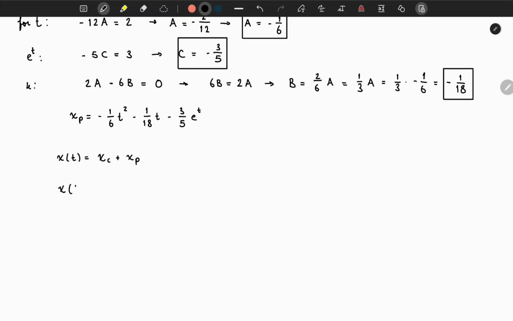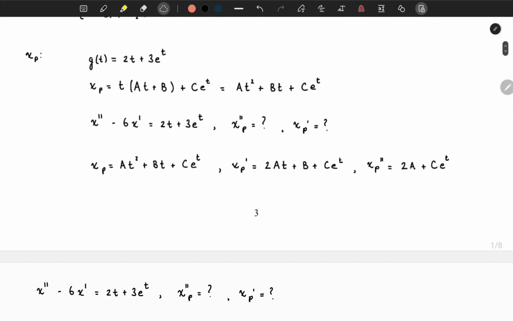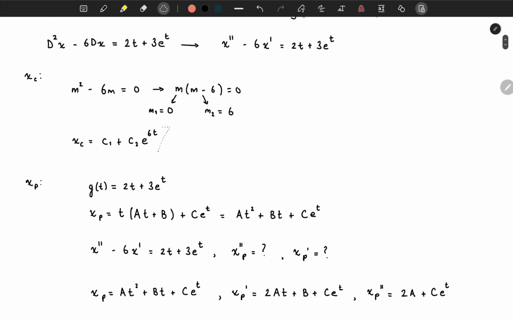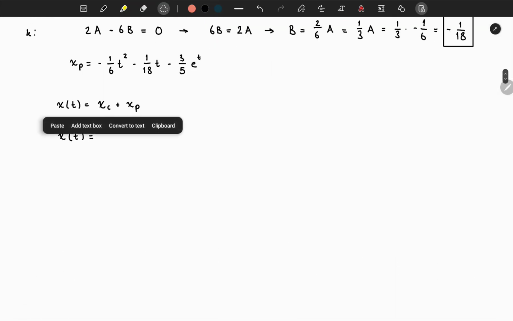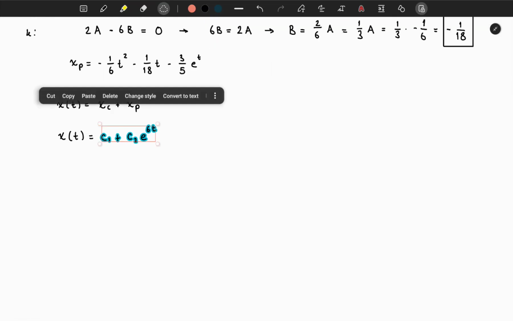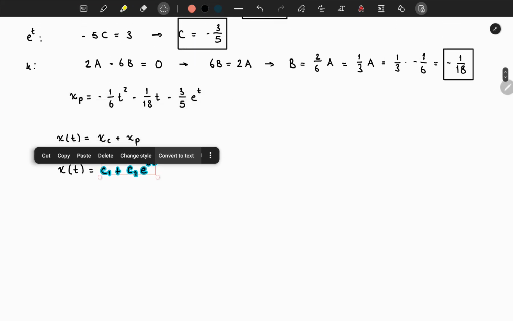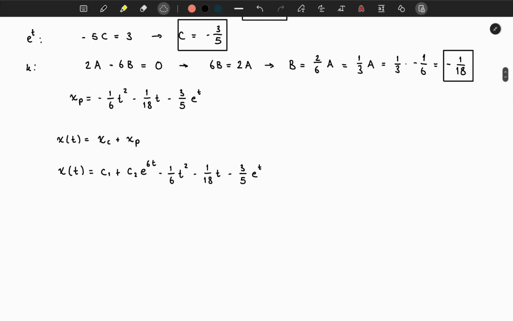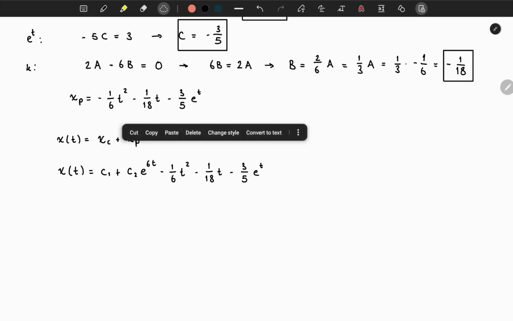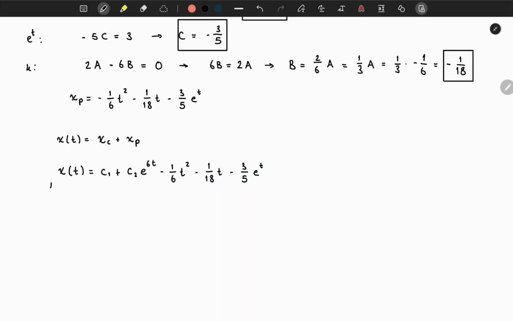So that means our x of t is going to be equal to our xc, so c1 plus c2 e^6t, and then plus our xp. And this would be the solution to this question number 1. So this would be x of t.